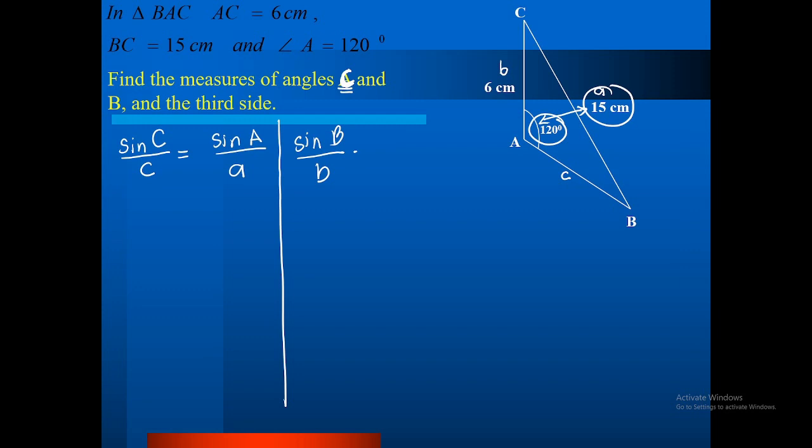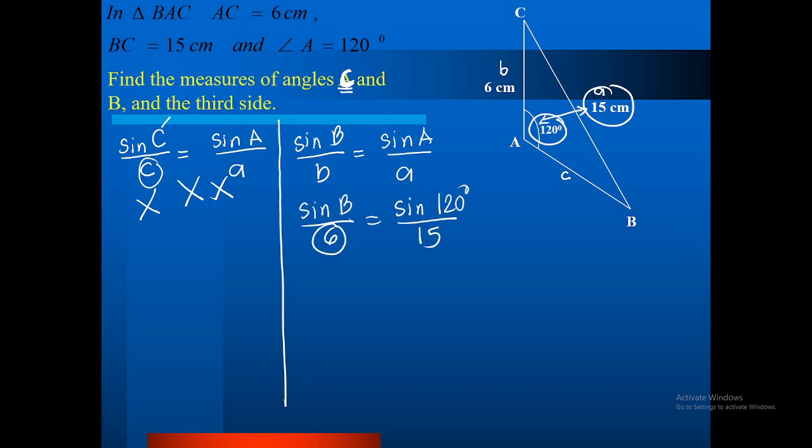Again, this cannot be solved, because C, whether angle or side, are both unknown. So, I cannot use this one. So, let's go to sine B. So, sine B over b. We have sine B over b, which is 6. That is equal to sine 120 degrees all over 15.